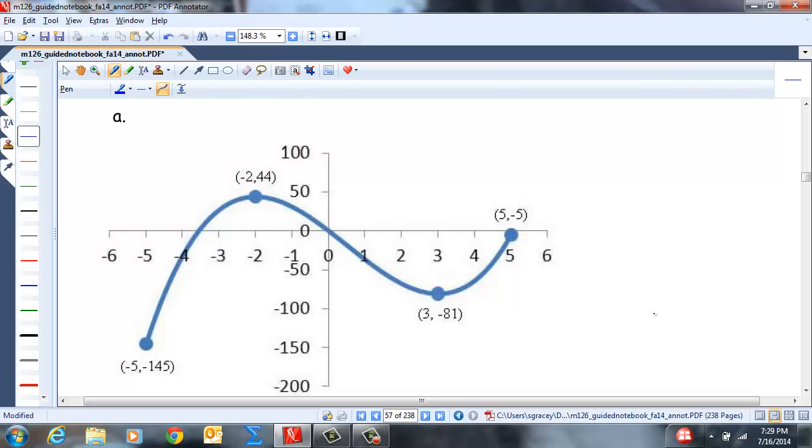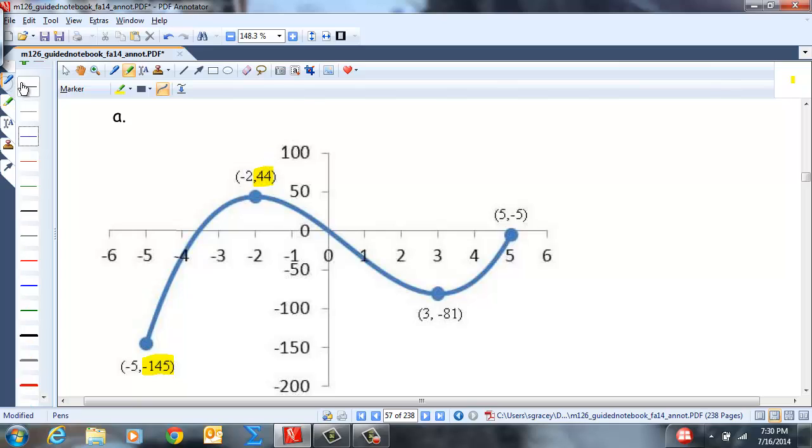Do you see here, down here, this negative 145 represents the lowest y value? And what's the highest y value? Good. The highest y value is occurring at 44.